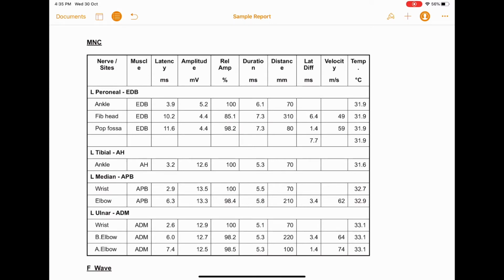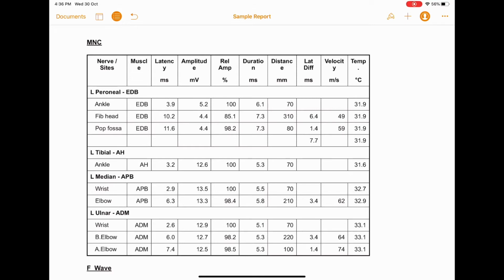In motor nerves we only look at the distal latency, which is the time from stimulus to the onset, not to the peak. And you remember when we talked about sensory nerve action potential, calculating velocity was easy because we can just divide the distance by the onset latency. But in motor nerves we cannot do that, because when we are recording from a muscle and stimulating the nerve, in that path you interact with the nerve, then the neuromuscular junction, and the muscle itself.